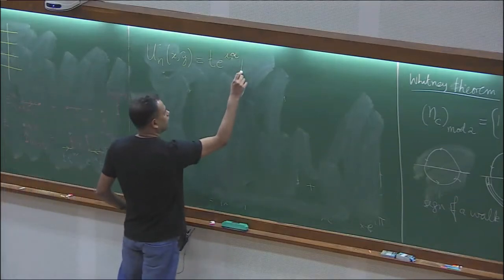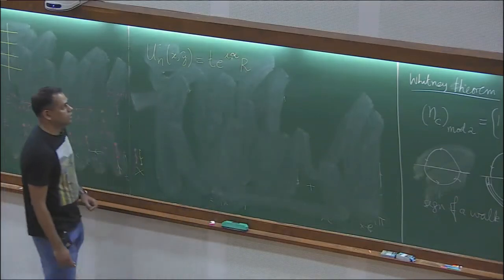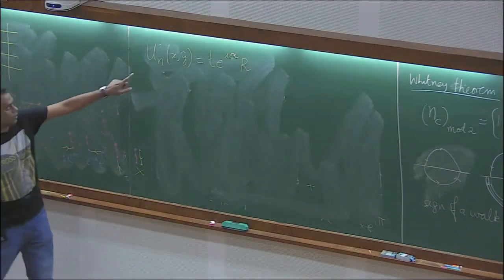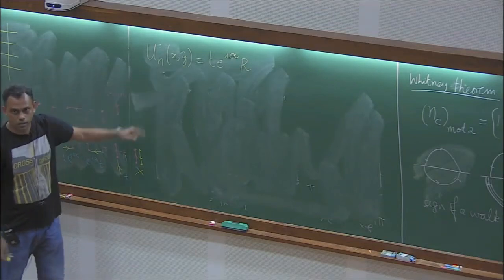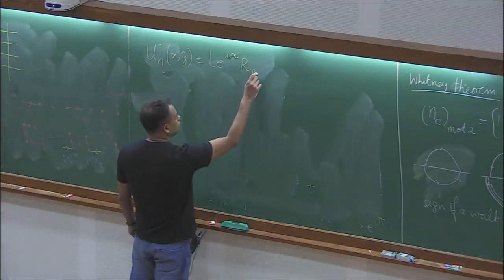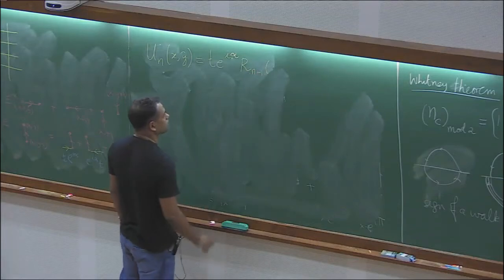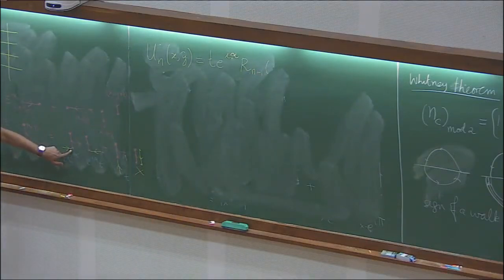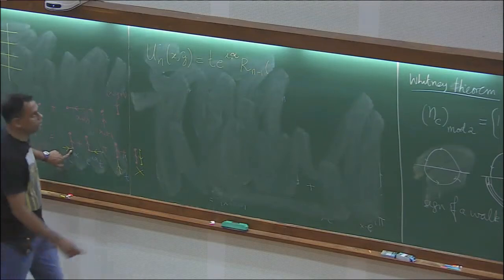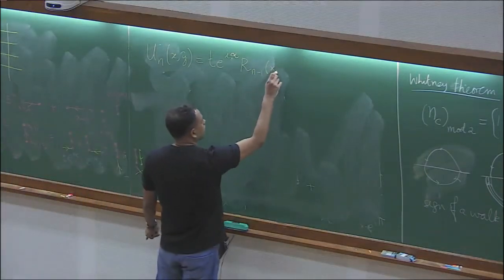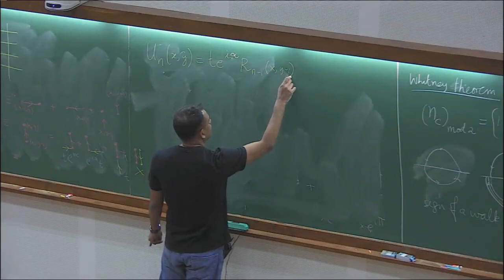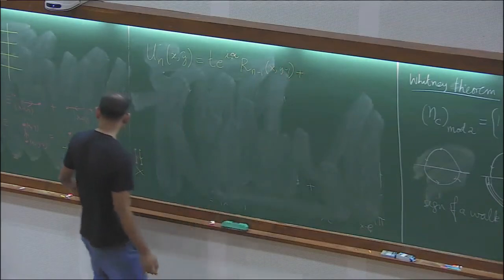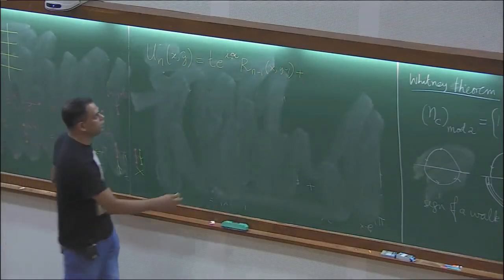So r, n minus 1, and this point is x, y minus 1. What about this term? This is t e to the minus i alpha.